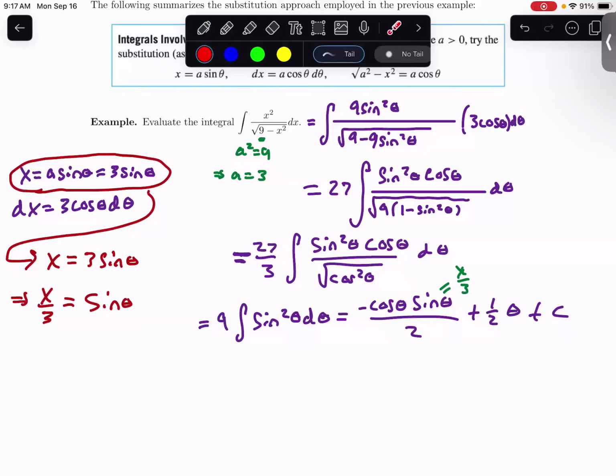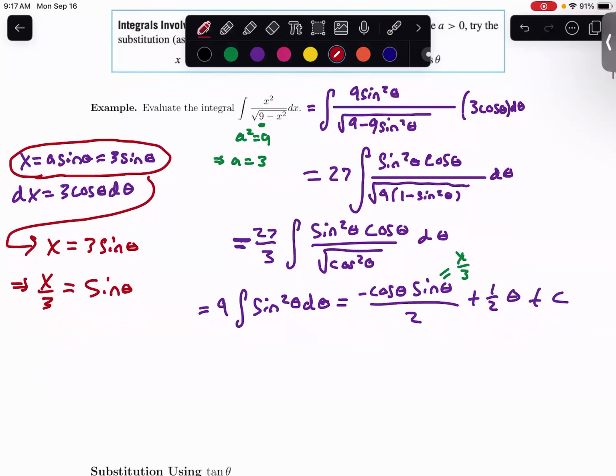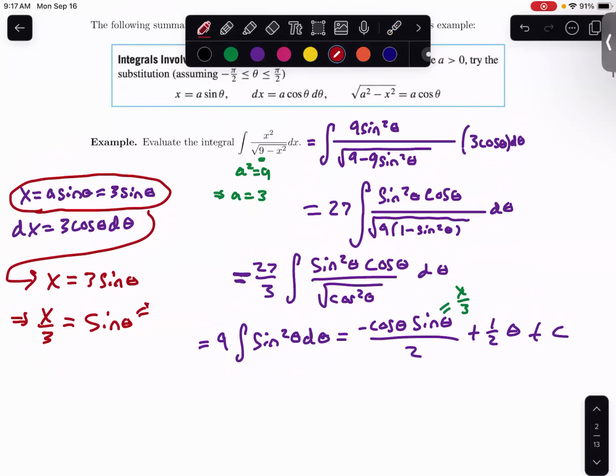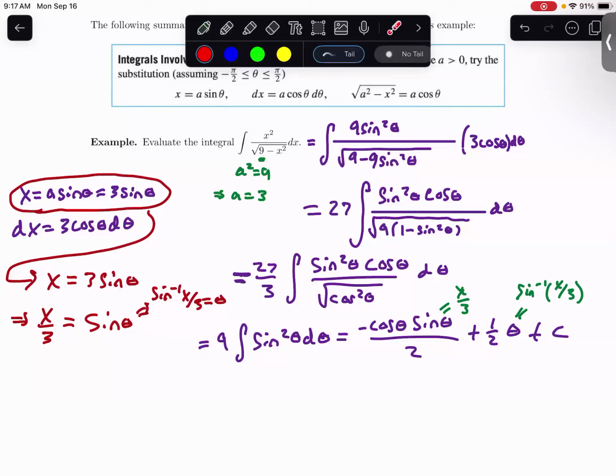If we want to get theta, I already asked you in the previous example, so I'll tell you this time. To get theta, you just apply inverse sine to both sides. If you do this, you get that inverse sine of x over 3 is equal to theta. So we have this term here. This is equal to inverse sine of x over 3. So all that's left is cosine.